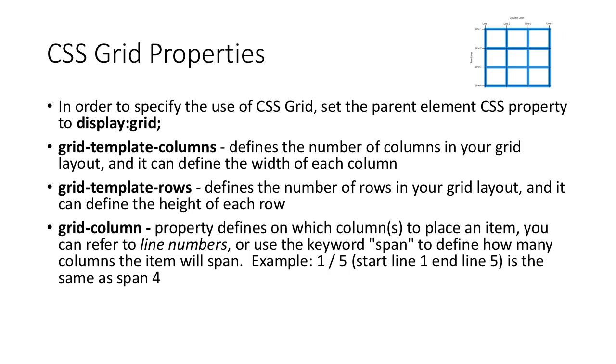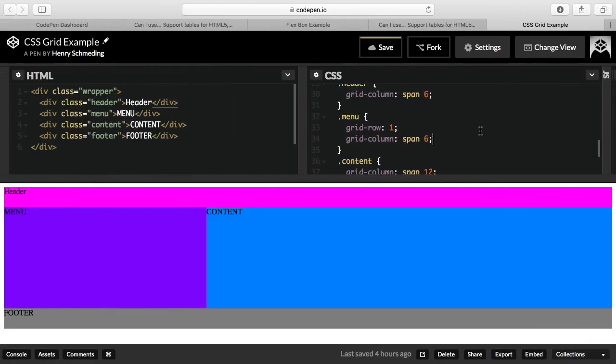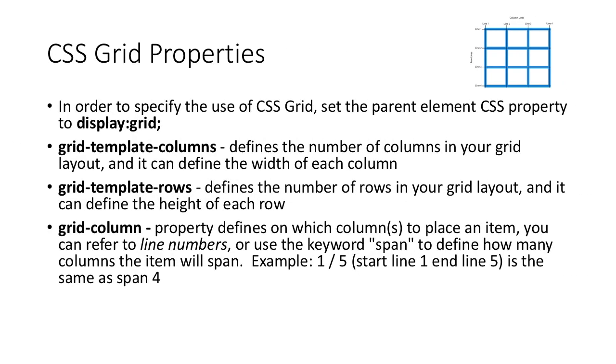And then each one of the items that you have in it, if you look at this previous example, right, for menu, we said grid column spans 6, right? So in addition to using span, you can use what are called fractions. Or instead of using span, you can use this notation, 1 slash, so 1/5 is an example I have.